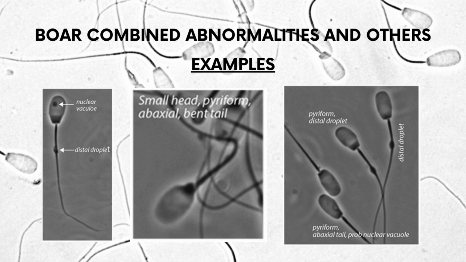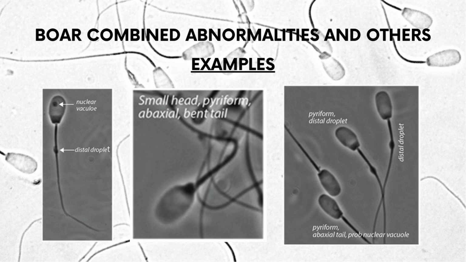In this slide, we will review examples of combined abnormalities seen in boar spermatozoa. Picture 1 shows a sperm with a nuclear vacuole and a distal droplet, both of which indicate incomplete maturation and possible fertility issues. Picture 2 highlights more complex abnormalities, including a small head, pyriform shape, and both abaxial and bent tail defects.